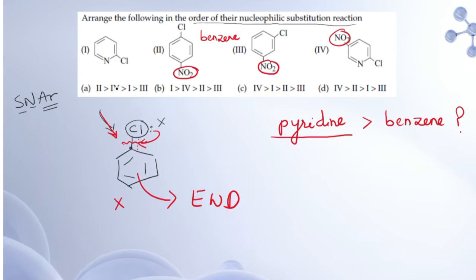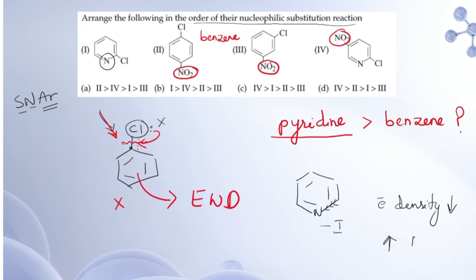Yes, because of the heteroatom nitrogen. Nitrogen is an electron withdrawing atom because of its electronegativity. Because it withdraws electrons through the minus I effect, it decreases the electron density. If it is decreasing electron density, then it is activating the molecule towards the nucleophilic substitution reaction.